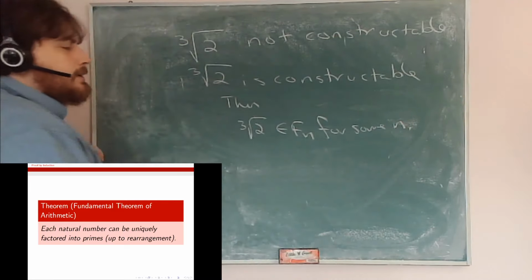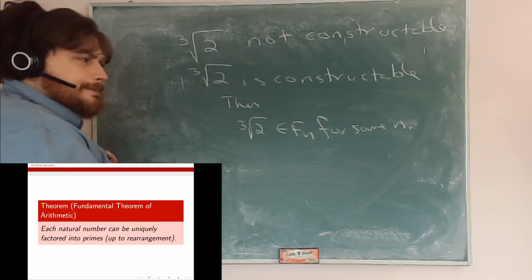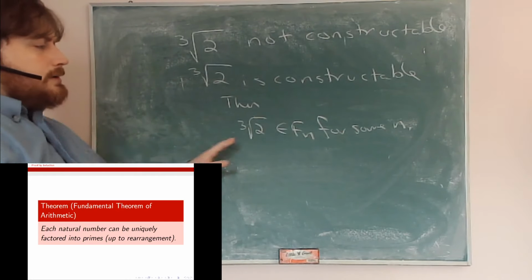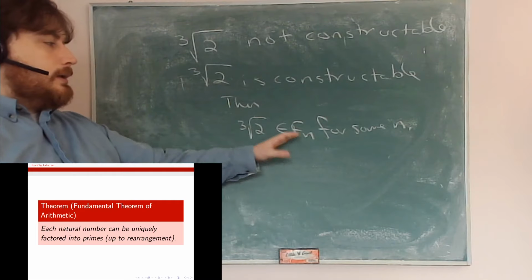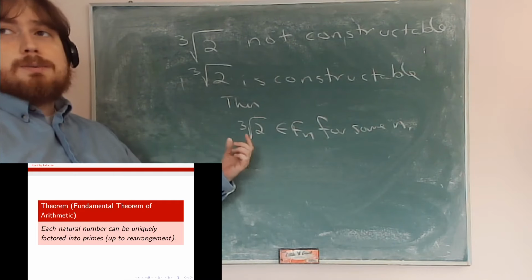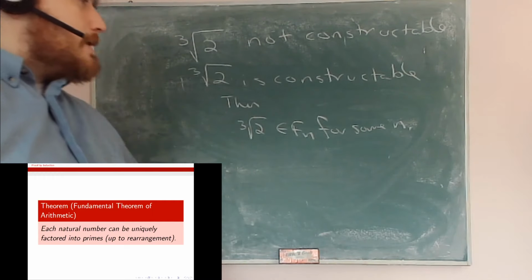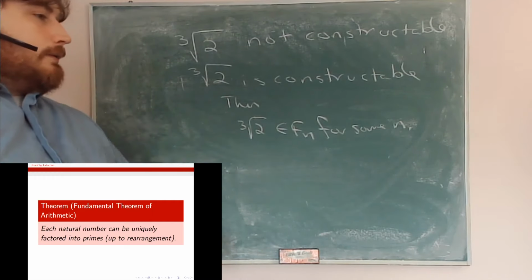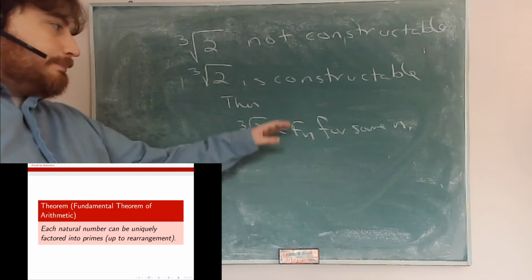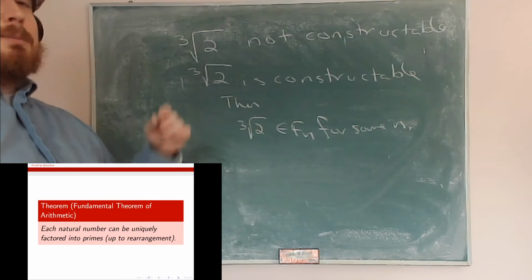So there is some natural number such that it would be in F sub n. Notice that if it's in F sub n, the way we defined it, it would have to be in F sub n plus 1, plus 2, plus 3, plus 4, and so on. And so once it's in F sub n, it's in all of them after that, but not necessarily before that.